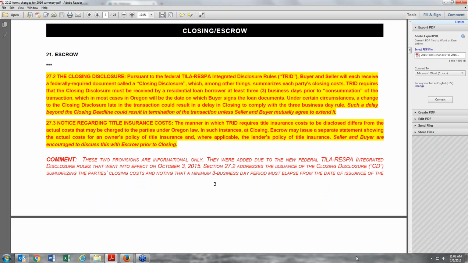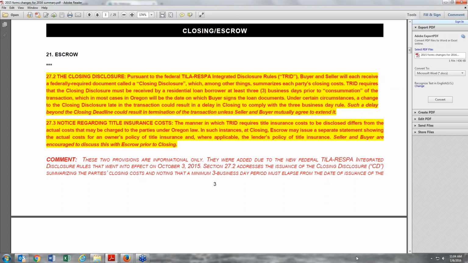For anybody that's had a transaction in the last 2 or 3 months where the loan application was submitted after October 3, which is when TRID became law, you folks probably have seen a little bit different language, and I don't know if there's been delays. There's some talk that TRID was causing delays, but it's slightly different. And for your purposes, you should be aware that the HUD-1 is no longer a HUD-1. It's now called the closing disclosure.